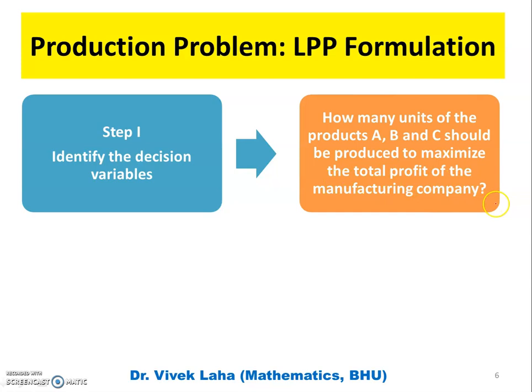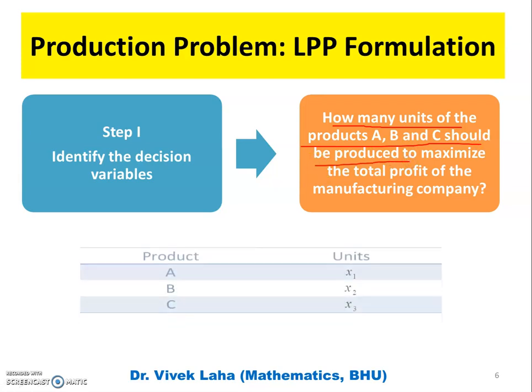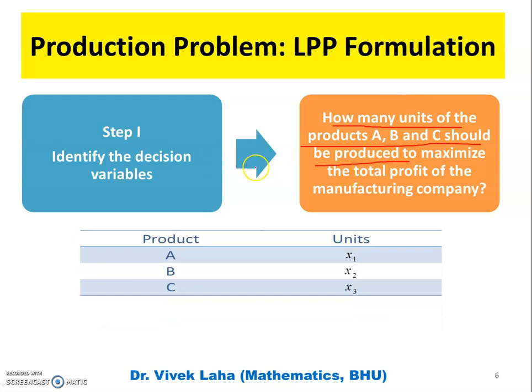As per this part, we assume that the number of units produced for A is x1, for B it is x2, and for C it is x3. These are the unknown variables x1, x2, x3, and we call them decision variables.